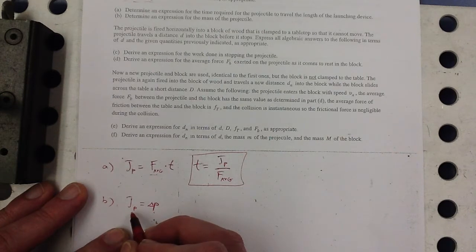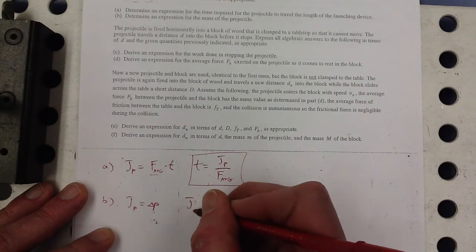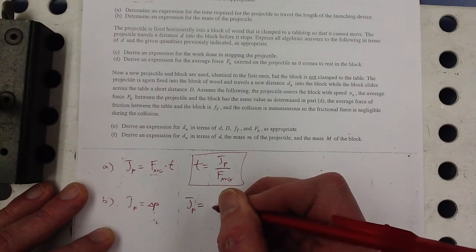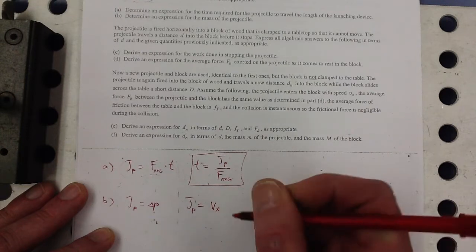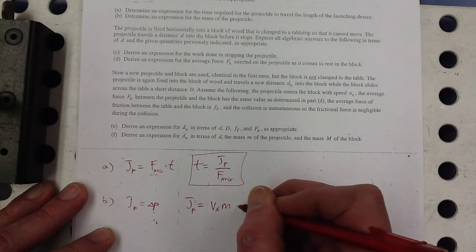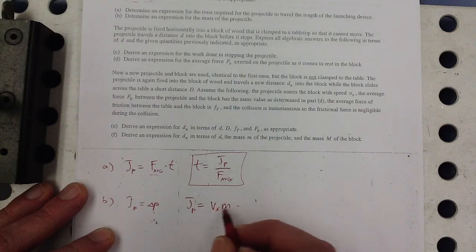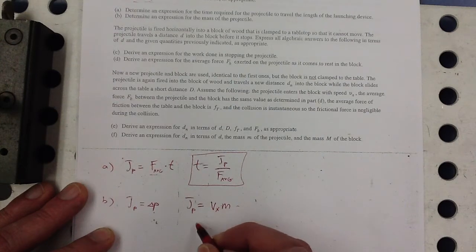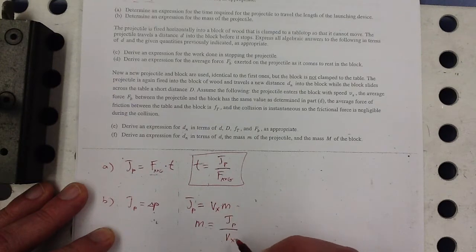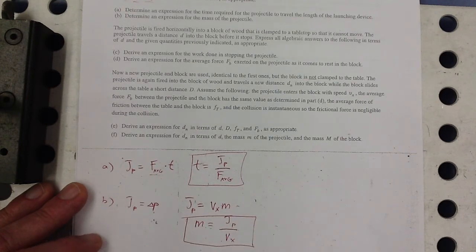Its final velocity is Vx, and its initial velocity is 0, right? So that's the mv, so that means that m is equal to Jp over Vx. I think your concept map should have helped a lot on those two, and those are worth 2 points apiece.